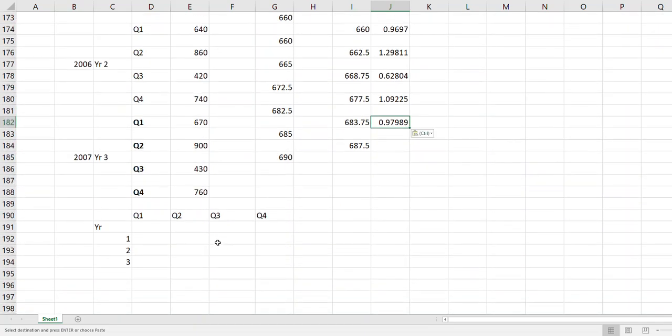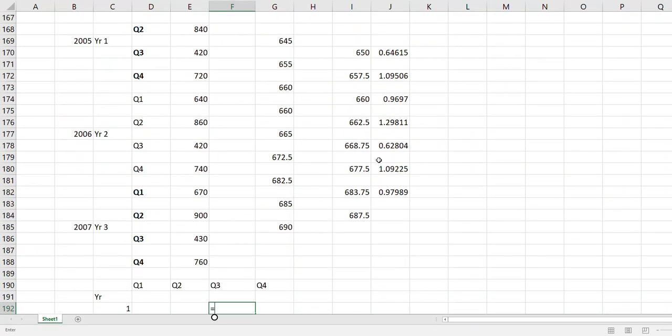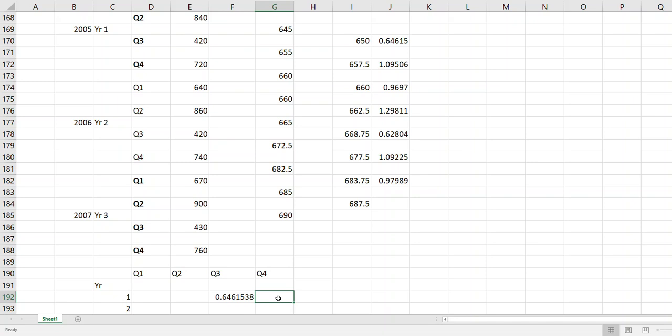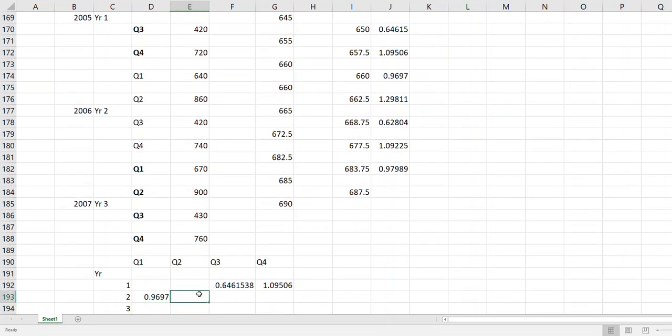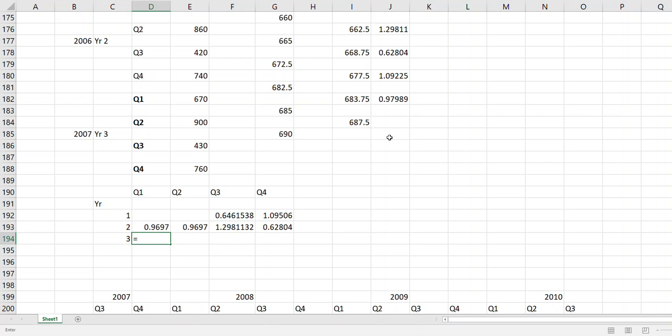So we will do the same process here. We have the data earliest for quarter 3. So we are going to do the same thing.